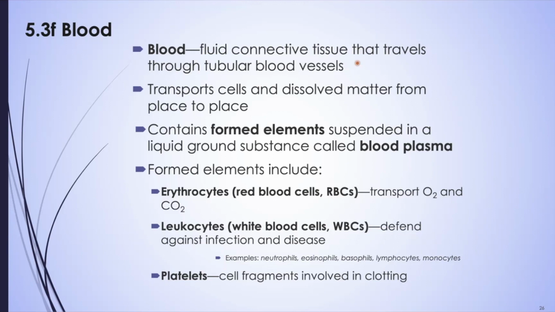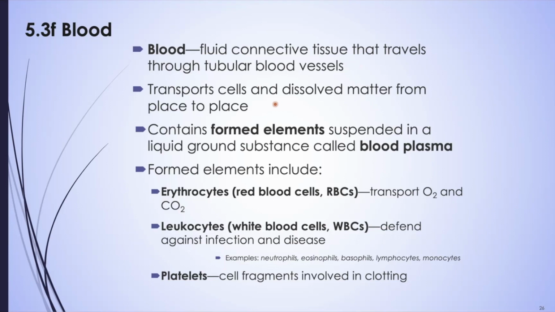It's also going to collect oxygen from the lungs, move it all around the body, and send it to all the tissues. It's going to pick up carbon dioxide at the tissues, because that's metabolic waste, and travel that back to the lungs where you can exhale that carbon dioxide. And so the blood is a very important connective tissue.